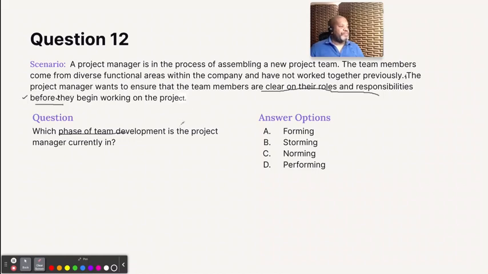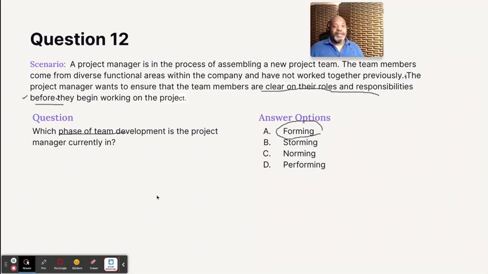So, with that being said, forming, storming, norming, performing, I know you've heard those terms before. Forming is the only one that takes place before the project starts, right? Storming, norming, performing, all of these happen during the different phases of the project.